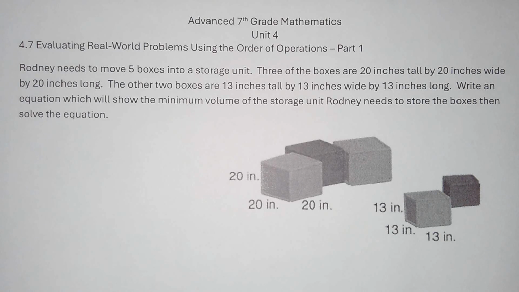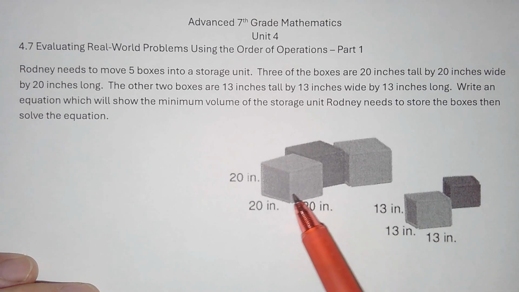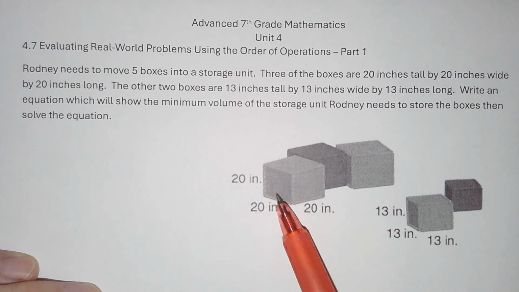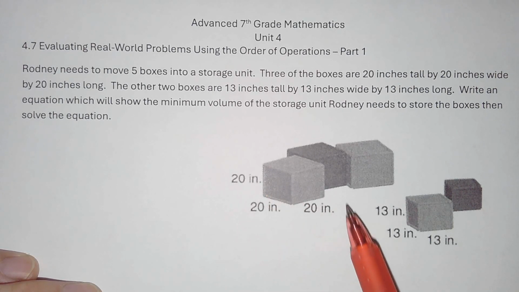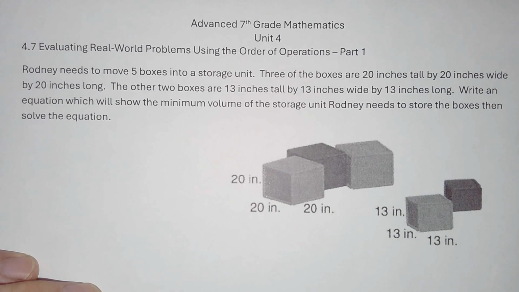3 of them are 20 inches tall, 20 inches wide, and 20 inches long. So 20 by 20 by 20. He's got 3 of them, and then he has these 2 other boxes that are 13 by 13 by 13.